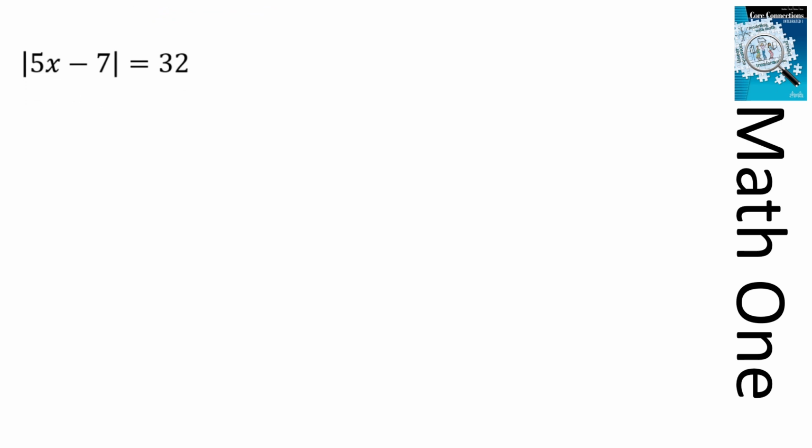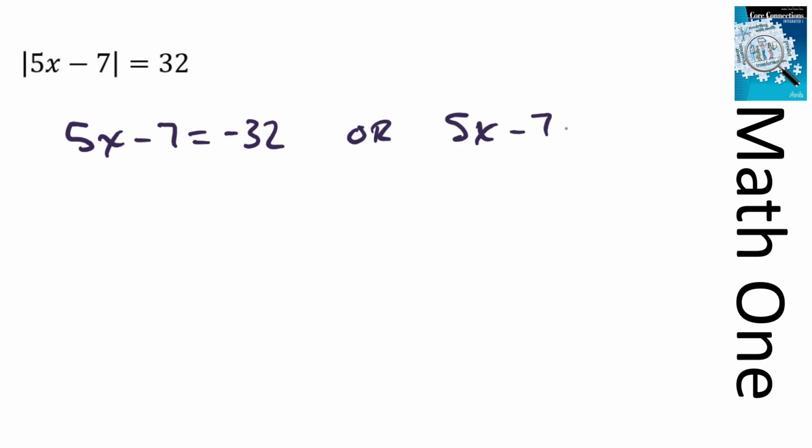Again, the expression inside, 5x minus 7, is either negative 32 or it's positive 32. So 5x minus 7 is either equal to negative 32 or the expression 5x minus 7 equals positive 32. Again, on each side I'm going to add 7.